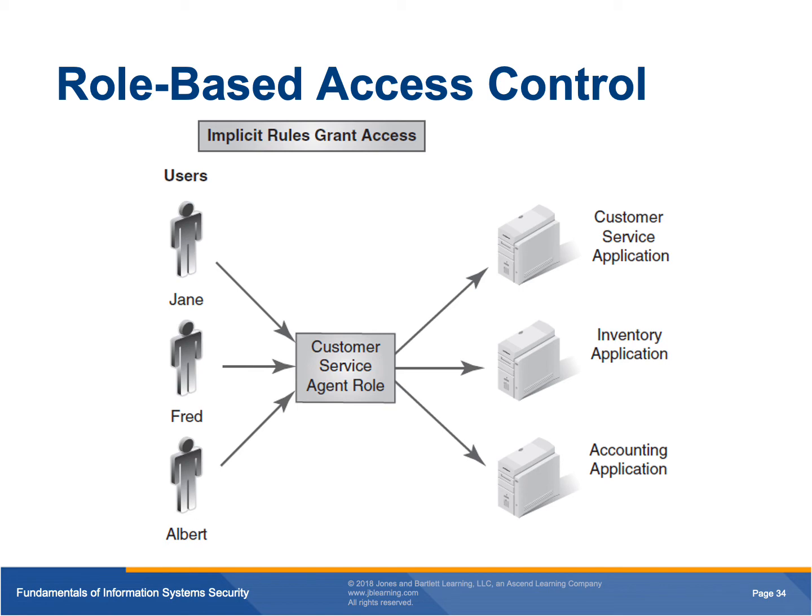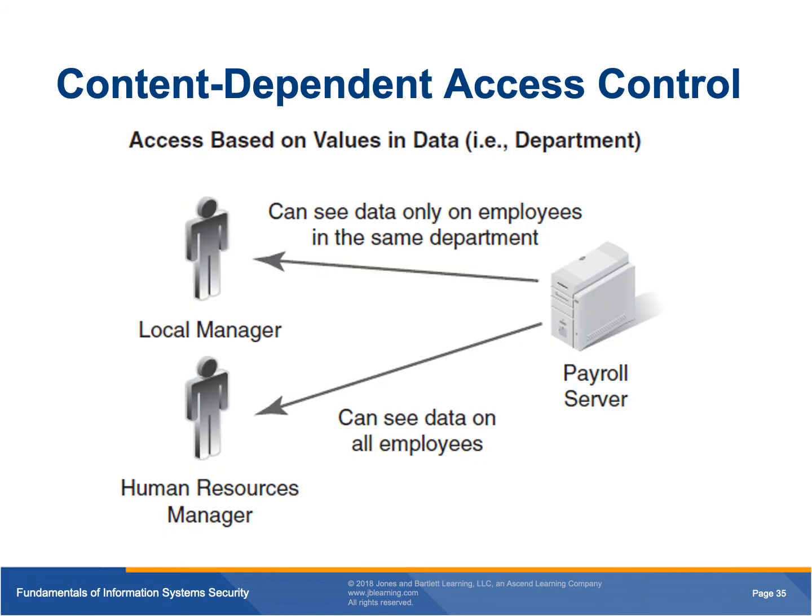This is a good way to do it because it's connecting individuals to roles, and then it's giving access to the people based on their roles. So if somebody's role changes, we don't have to go and change the access controls of that individual. We just change it based on the group. We basically assign them to a new group, we change what their role is, and then they will have the new access rights related to this new role.